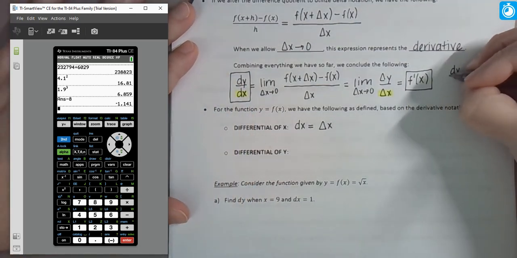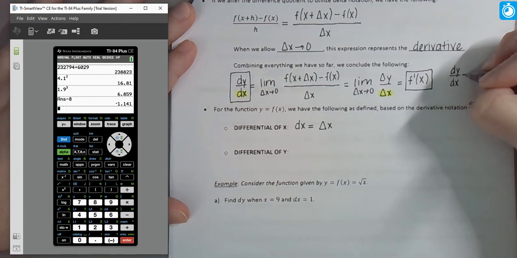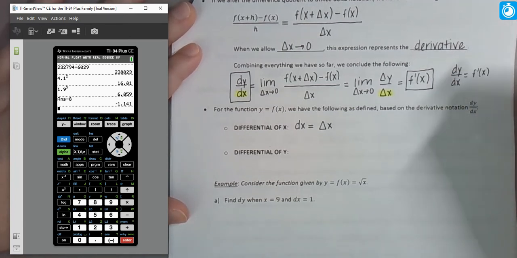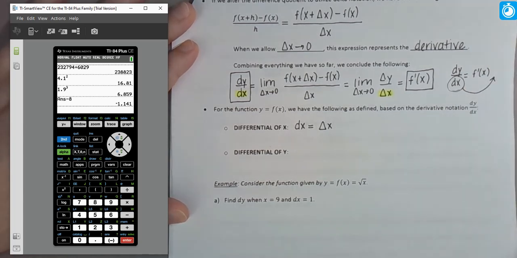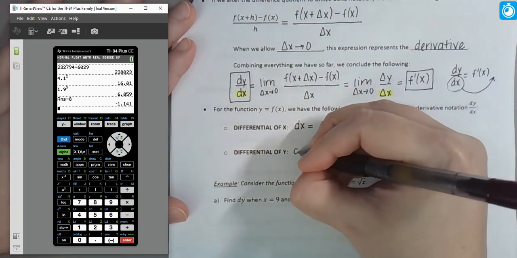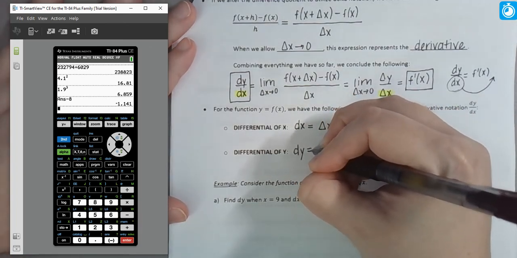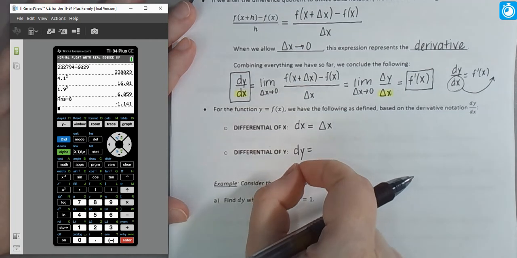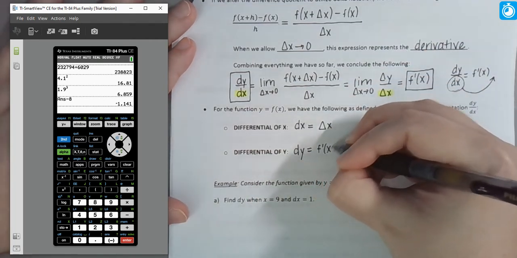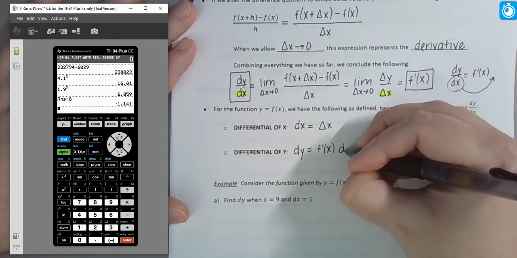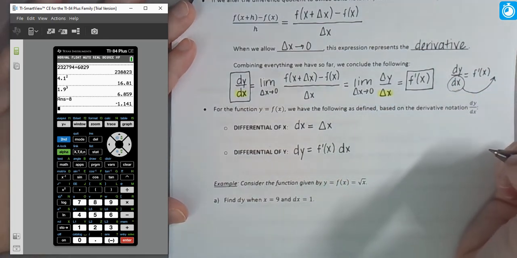So dy dx is equal to f prime of x. And if you were to take your denominator and move it over, you then have an expression for dy, what we call the differential of y. So dy, the super small change just in our y values, is defined as f prime of x times dx.